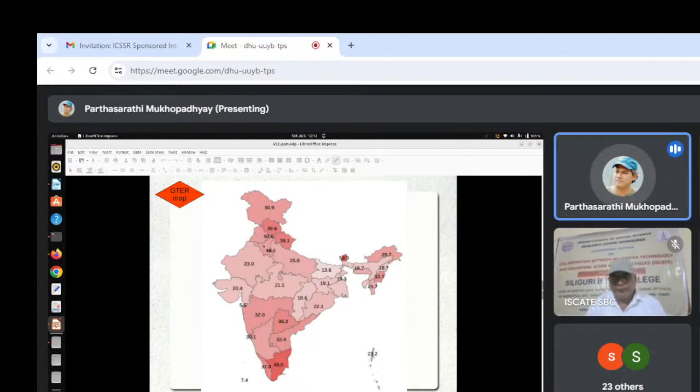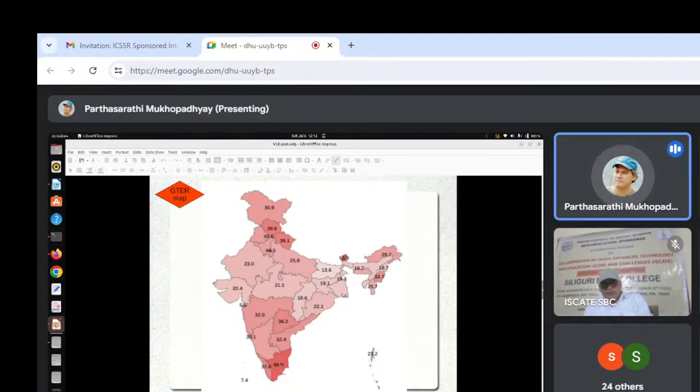If you go to the Delhi NCR zone, it is double the national figure, 50.6, the highest in the country. But Delhi is a small state. If you come down to the southern part of the country, most of the states are ahead of the national average. And Tamil Nadu topped the list with 49.0, the highest as a big state in India.